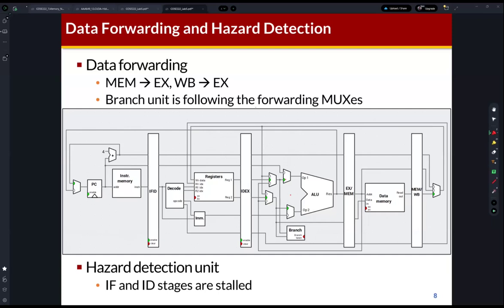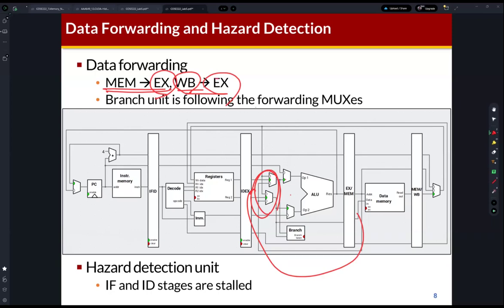So you need to implement the data forwarding from the memory stage to the EX stage, and then from the write back stage to EX. As I mentioned, internal forwarding is already implemented, so you don't need to consider it. But in the pipeline architecture design, you need to implement the forwarding from memory stage to the early part of EX, through this multiplexer, and also the forwarding from write back to the EX stage.